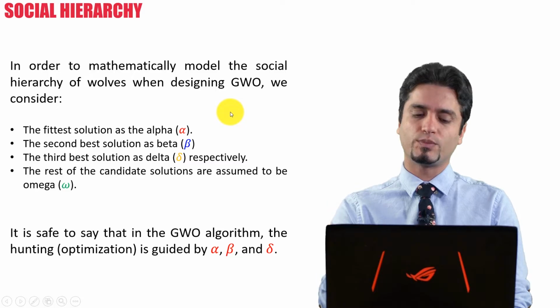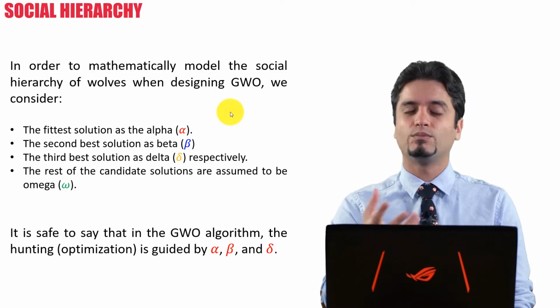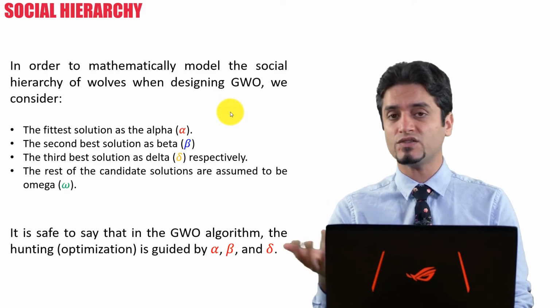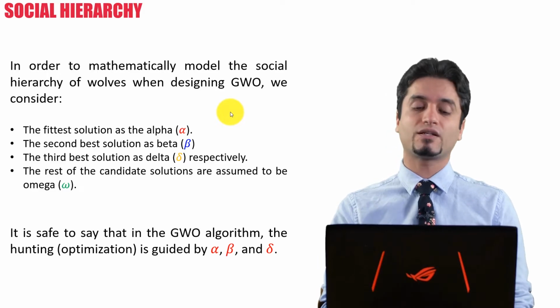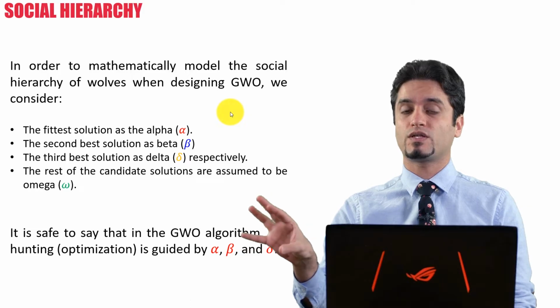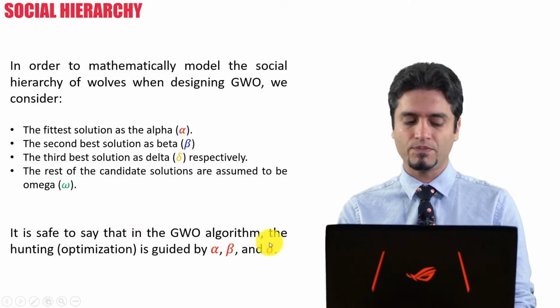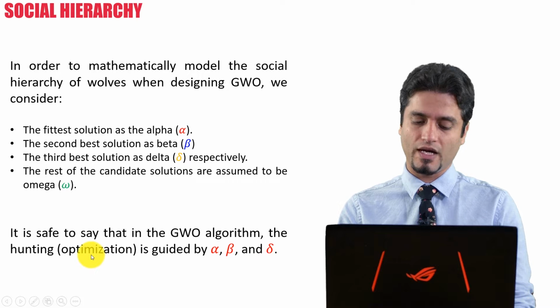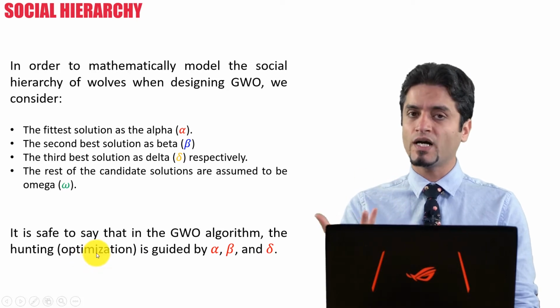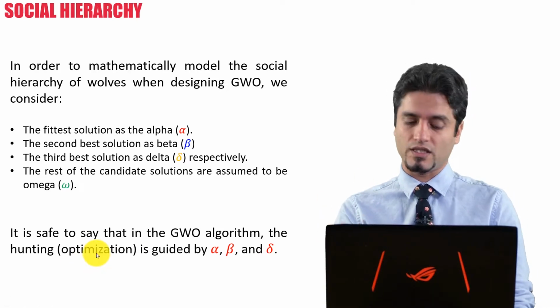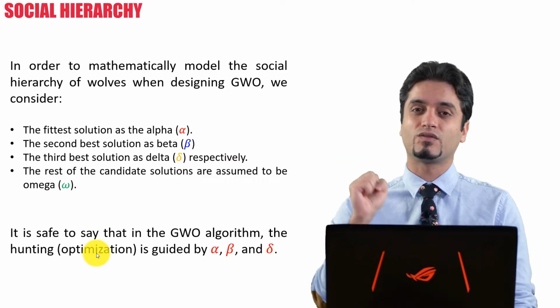There has been a lot of improvement. People consider multiple alphas, multiple betas, which is interesting. It's also one way to improve an algorithm for a particular set of problems. It is safe to say that in the GWO algorithm, the hunting is guided by alpha, beta, and delta. Or the optimization process, which is similar to hunting in this case, is guided by those three best solutions.